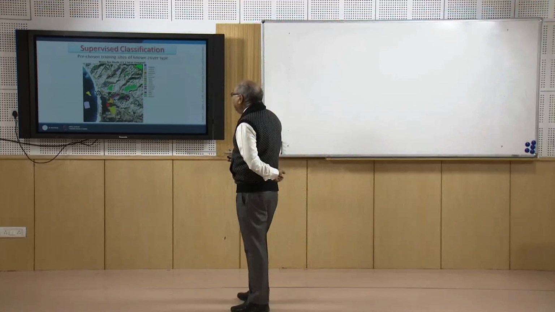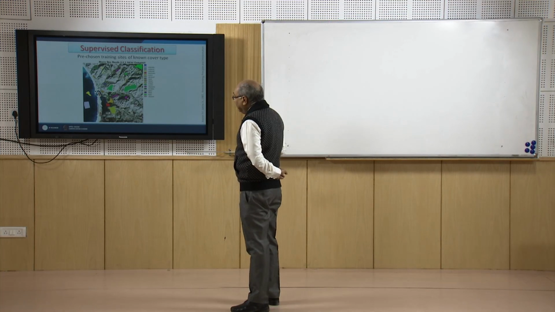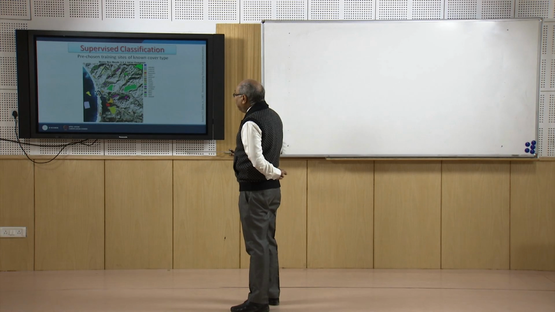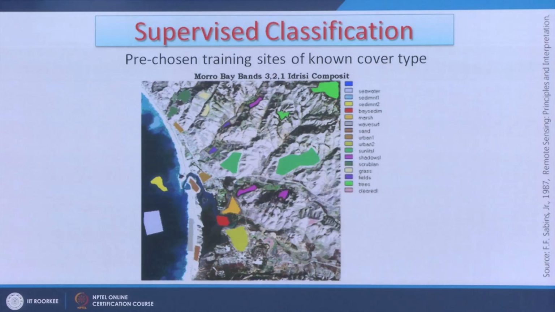So in this land cover analysis, these are the different training sites that have been identified. How these have been done, as explained: if there is a forest and different types of even green patches which you are seeing, these are the training sites. So like this light green color, which is this area.